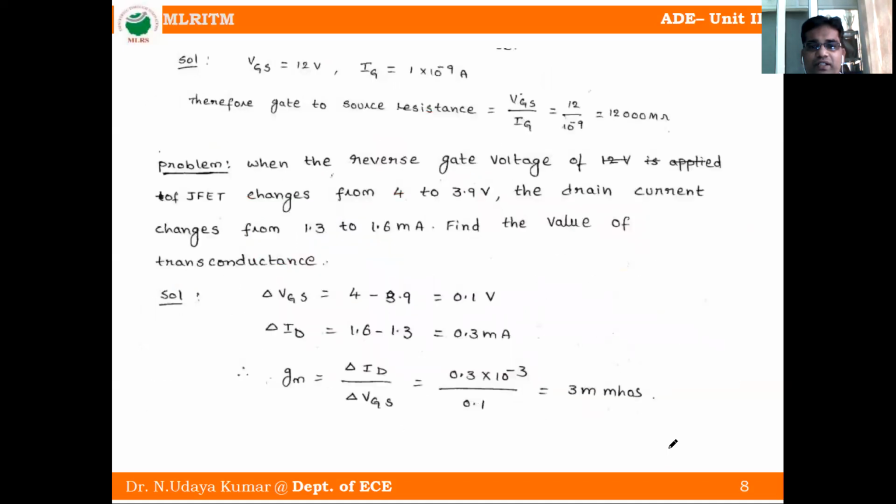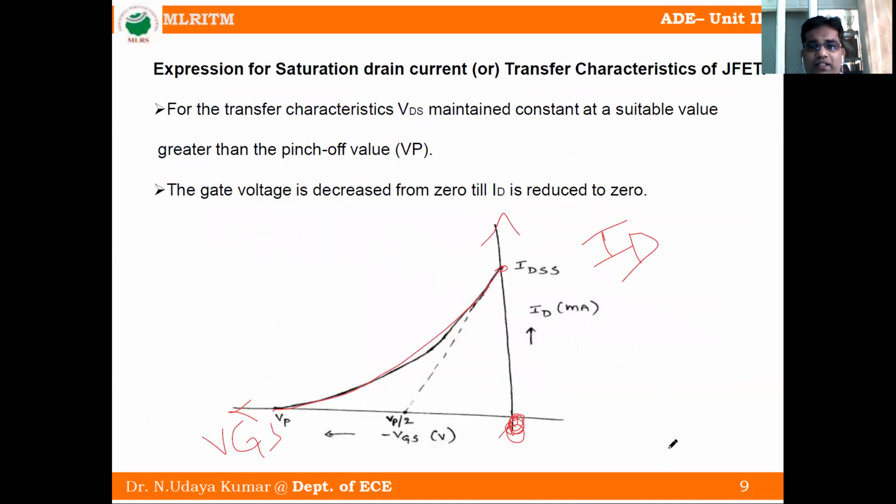And we will see the related problems, and then we'll see the transfer characteristics of JFET. Transfer characteristics means VDS is maintained constant at a suitable value greater than the pinch-off value. Here on the x-axis we take VGS and on the y-axis we take ID.